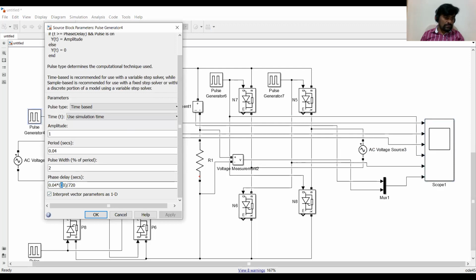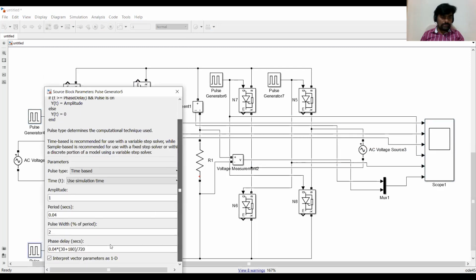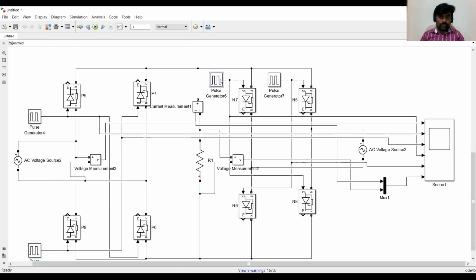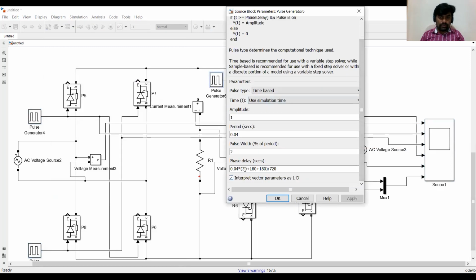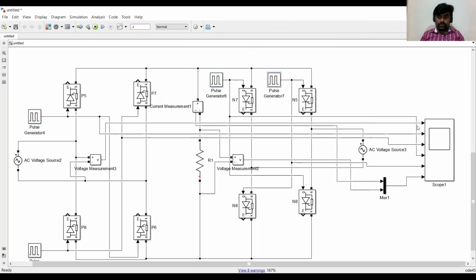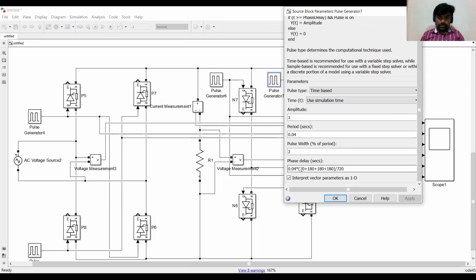Now I will replace the 30 with 60. Here also I will replace this 30 with 60. Similarly, for the negative group thyristors, I will replace the 30 with 60.